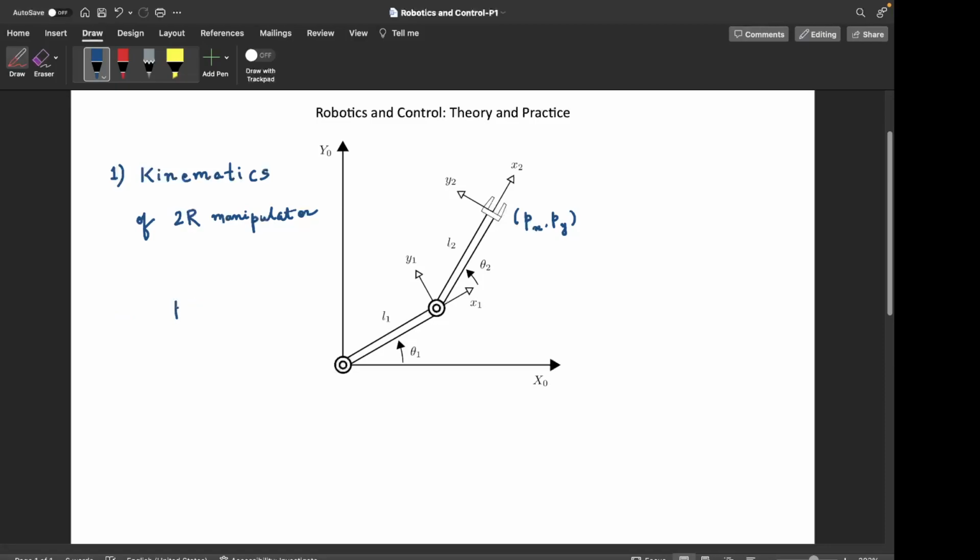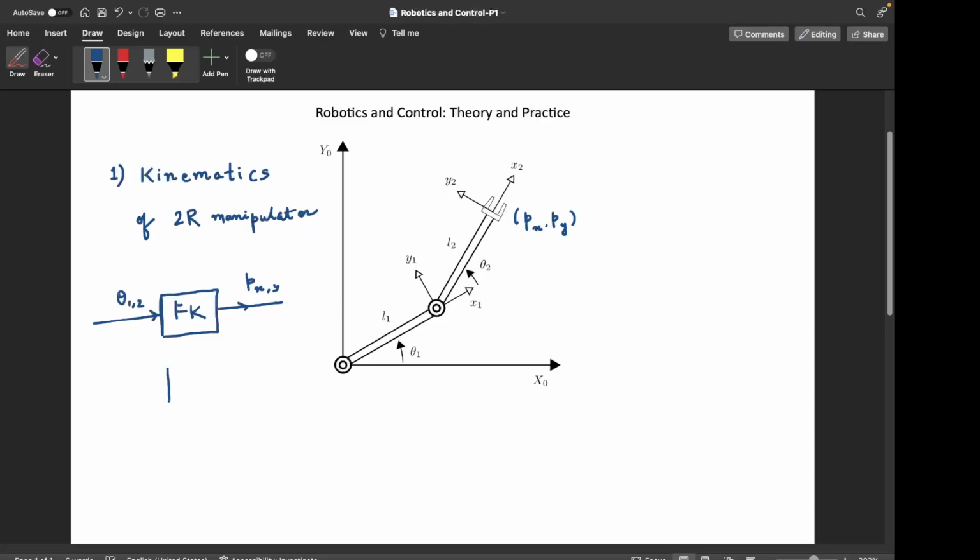So forward kinematics, or FK. What's the input here? The input here is theta, right? And the output is the end effector position. Theta 1, 2, and end effector position px, py.